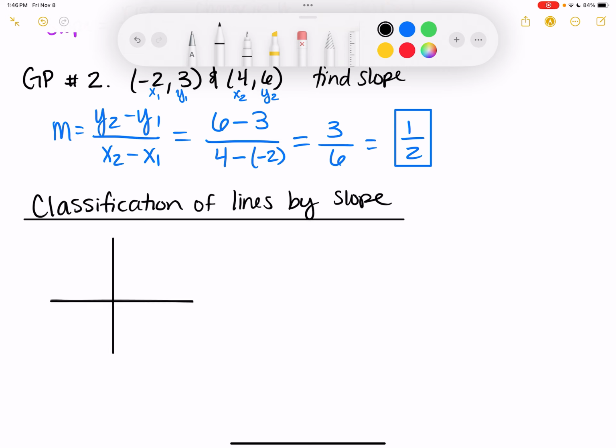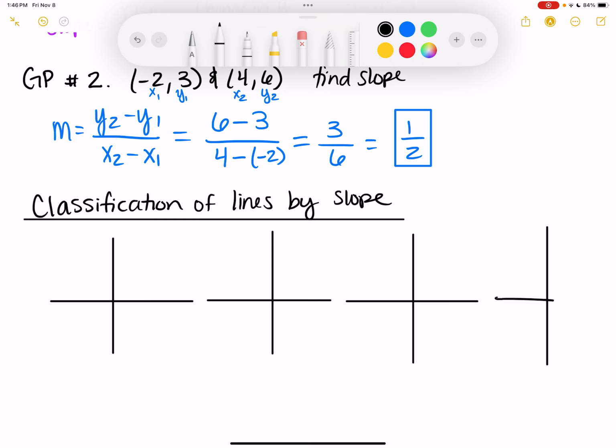They don't need to be huge. All right, so then on this one, what I draw in blue is going to be the line that we're looking at.